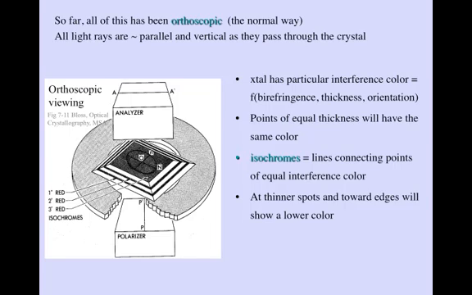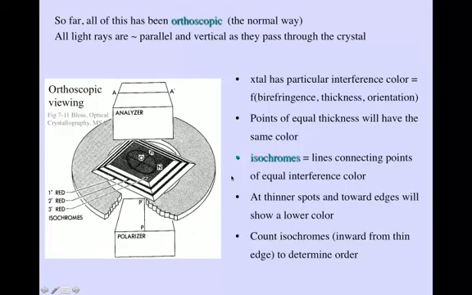So a color that moves to the left of the color that you see in the center of the crystal. You can look through that spectrum of colors in the Michel-Levy chart and count through the first order, second order, third order red to figure out which order color you're actually seeing in the center of the crystal. That should help. I'll show you another trick later to do this.